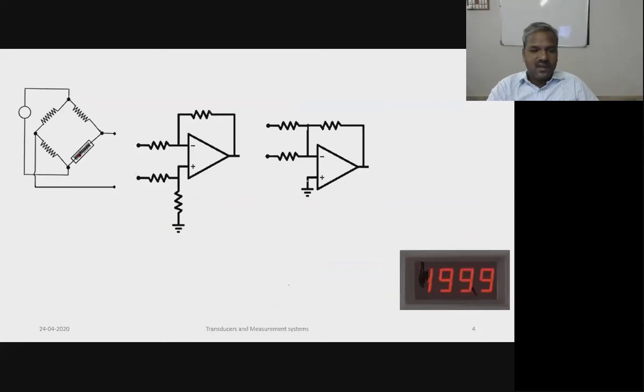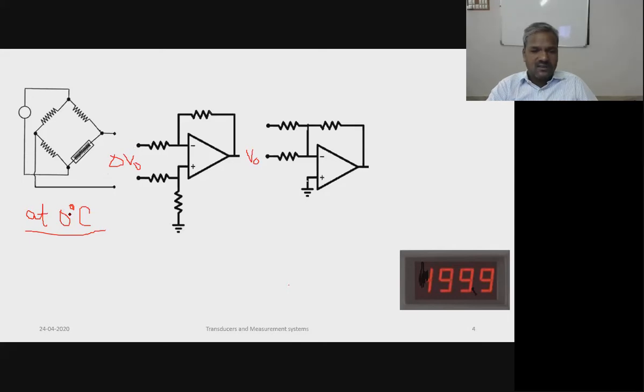First, we connect the RTD here. The RTD is a PT100. At 0 degree Celsius, we have to calculate del V. Del V is the Wheatstone bridge output, then this is V naught. So at 0 degrees Celsius, what is V naught?